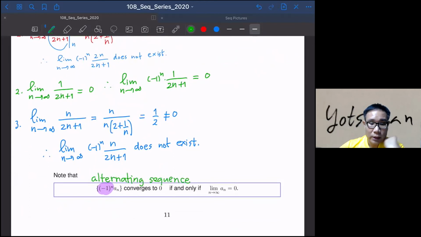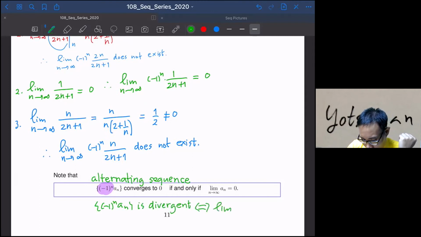The alternating sequence converges to 0 if and only if the limit as n goes to infinity of a_n equals 0, and the alternating sequence is divergent when the limit as n goes to infinity of a_n does not equal 0. This one is also important.